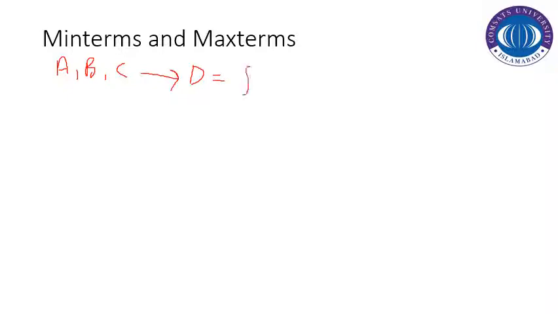D is a function of A, B, and C. Okay, so let us first generate all the possible combinations of input. Since we've got three inputs, how many combinations do we have in a truth table?